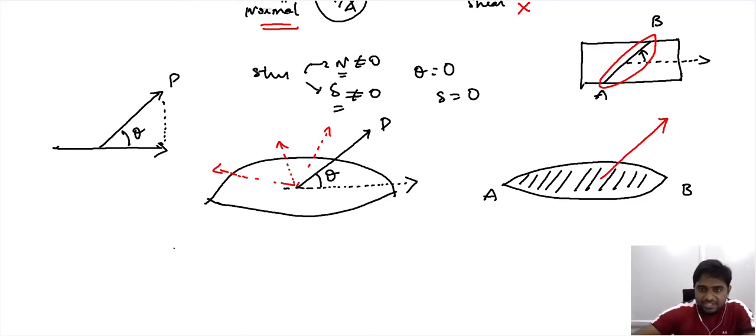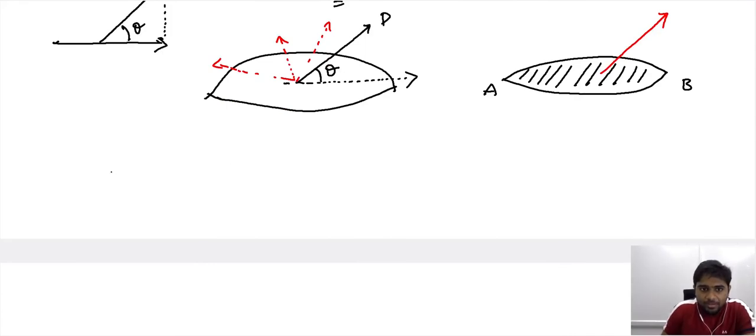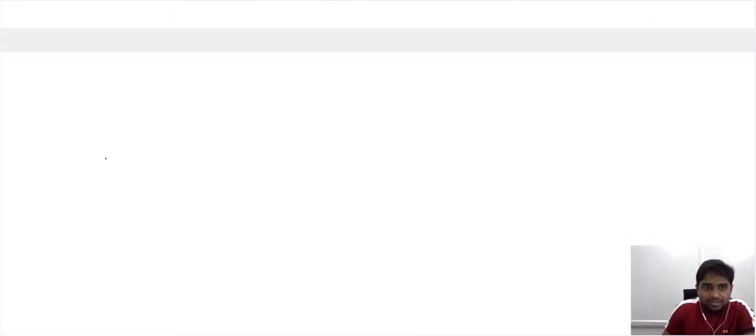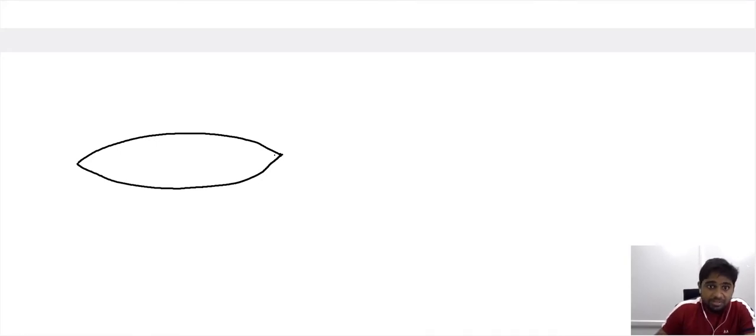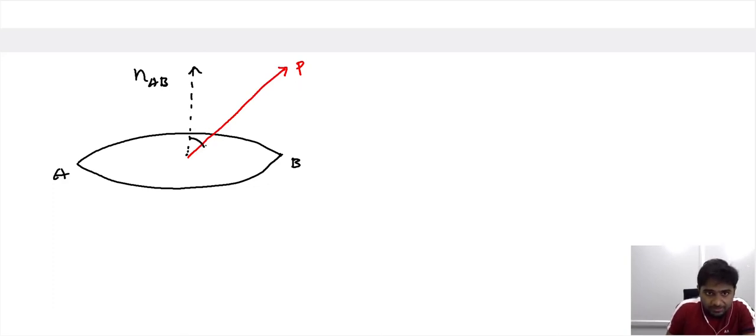Now in such a case, this is our region of interest AB, and this AB is experiencing a stress in the inclined direction. This direction is P, and now the normal of this AB is this direction here, and the angle between the normal of AB and the loading direction is this.